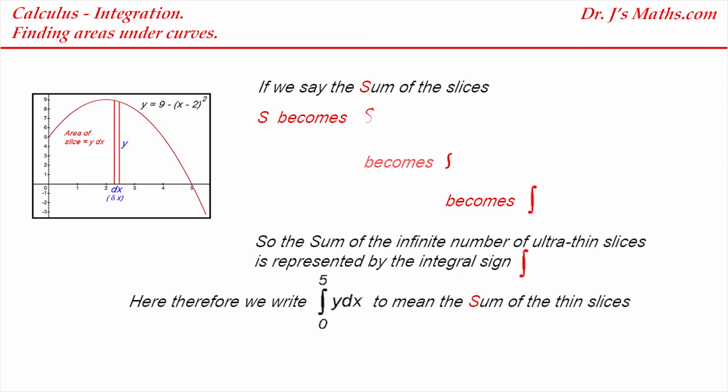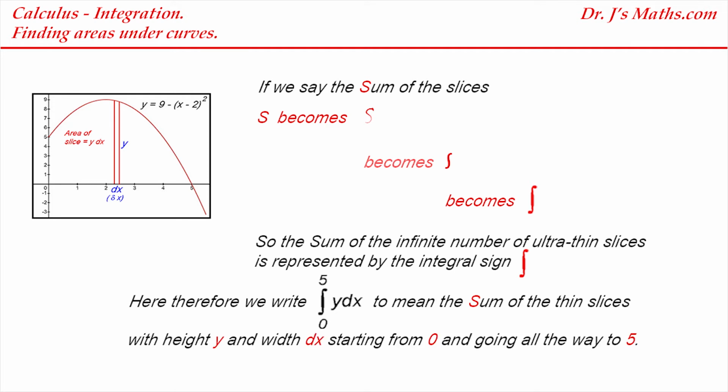Here, therefore, we can write the integral sign with a 0 under the bottom of it and the 5 at the top of y times dx, to mean the sum of the thin slices of height y and width dx, starting from the bottom value, here 0, and going all the way to the top value, which here is 5.